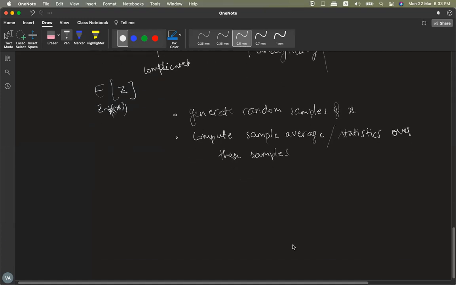Let us say I will sample x1, x2, all these x capital N, all sampled from p of x.